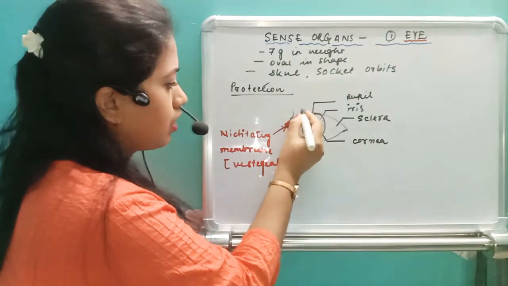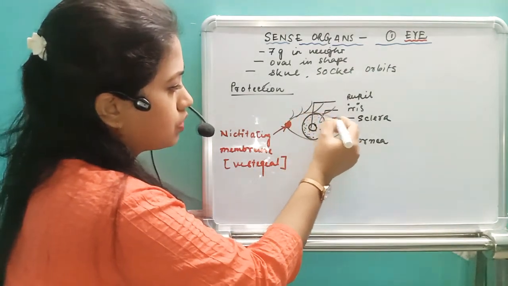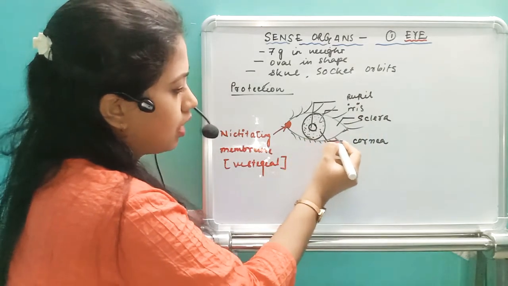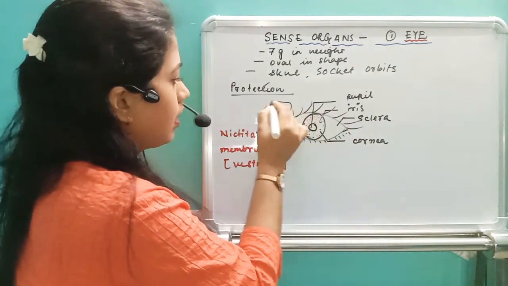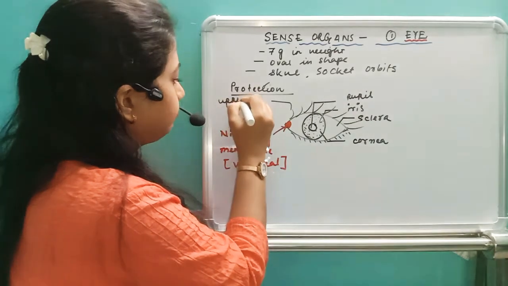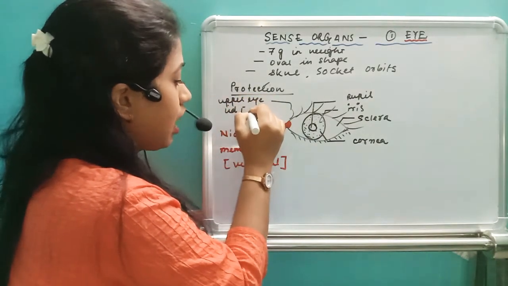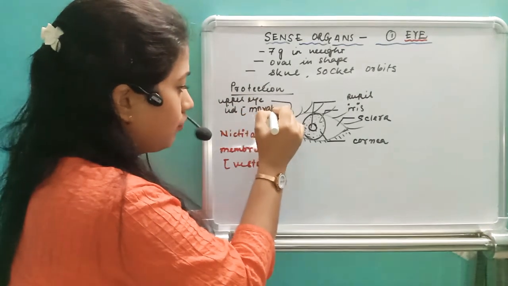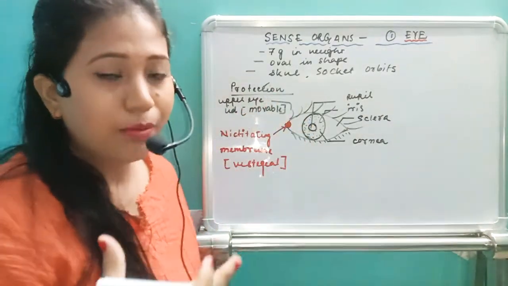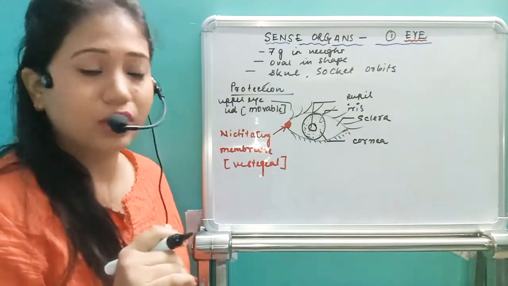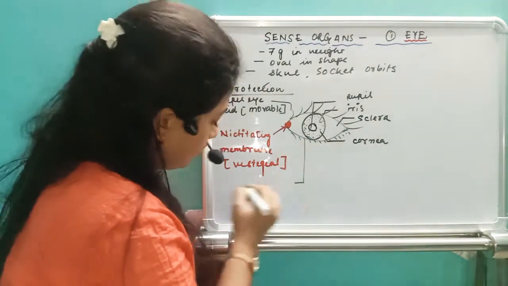Now we have other eyelids also. What are they? These are the upper eyelid, and this is the lower eyelid. So here we have the upper eyelid. Now only the upper eyelid is movable. I don't know if you thought about it earlier or not, but the upper eyelid is movable only, not the lower eyelid.